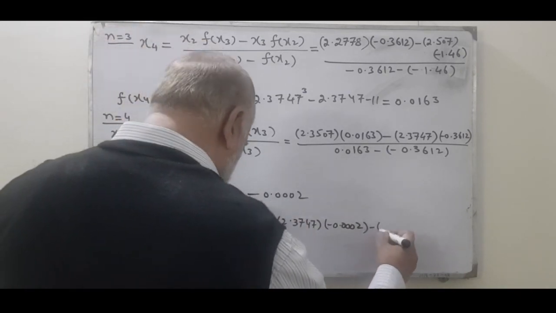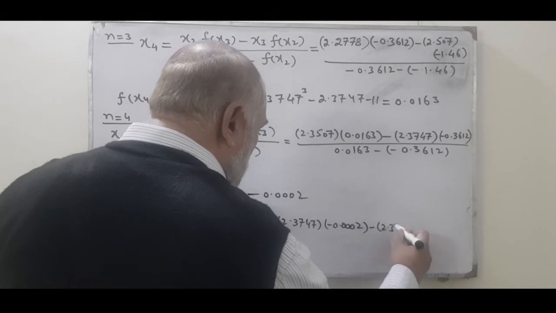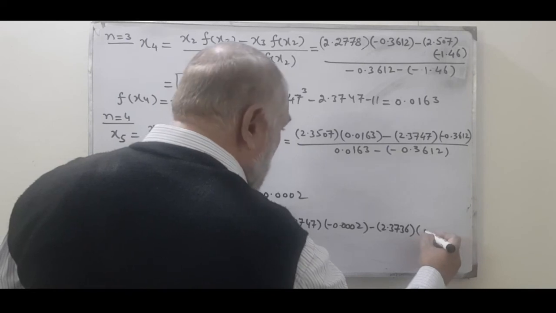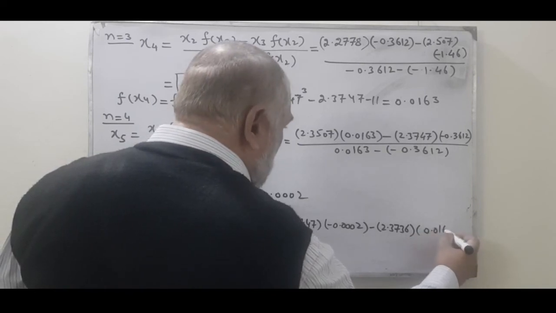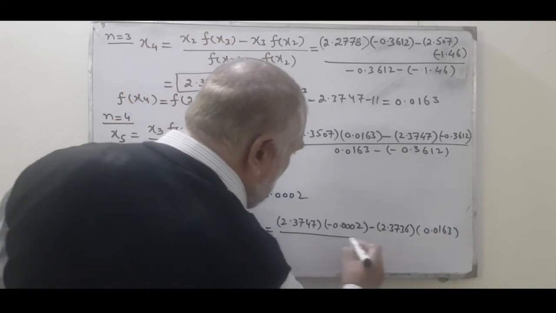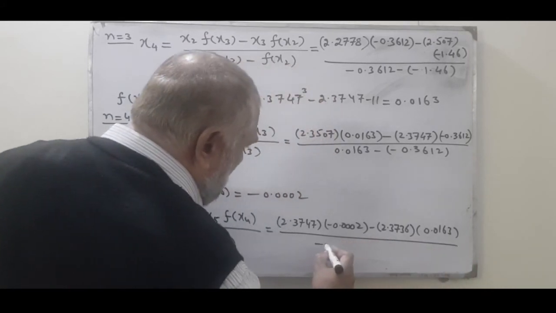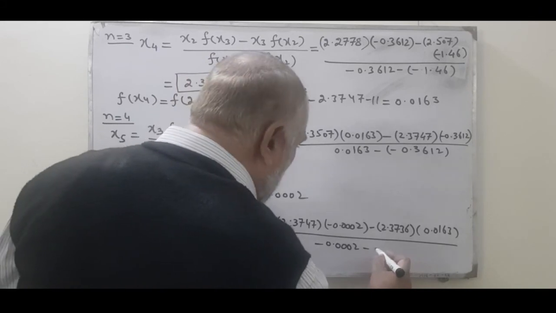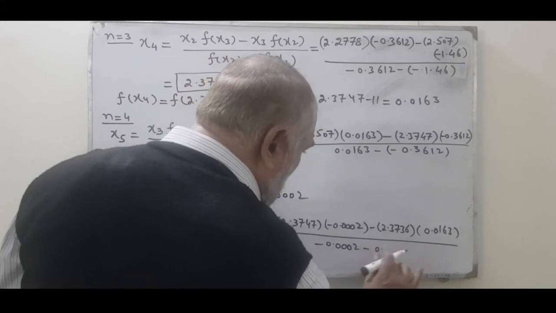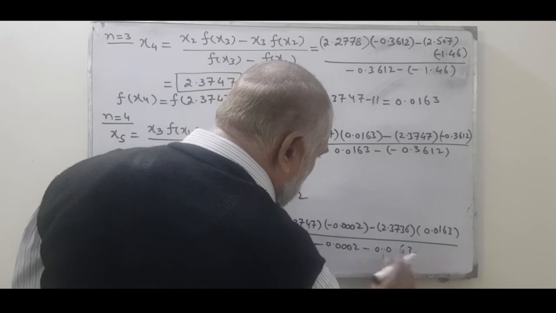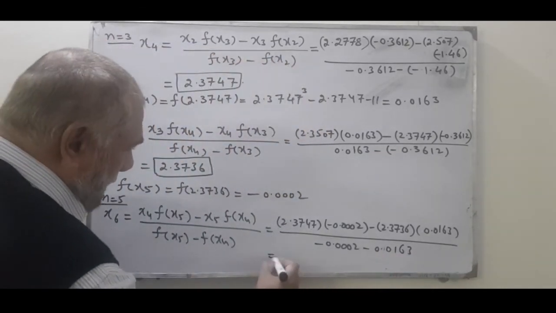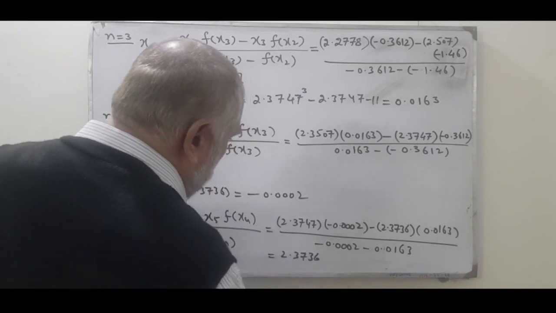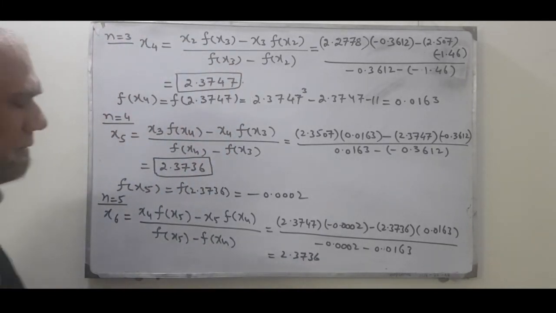Minus 2.3736 and 0.0163 is the value for f(x4). Whole divided by minus 0.0002 minus 0.0163. On simplifying, you will get a result of 2.3736.